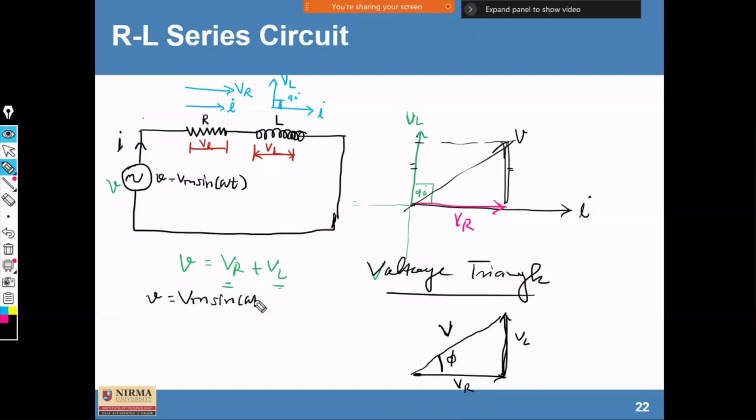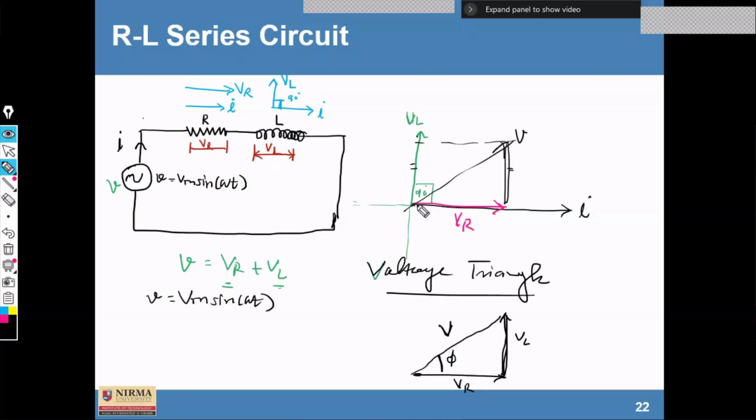But what is the equation of current? The equation of current is going to change with respect to time, as the properties of these two different passive elements change. For example, if the value of resistance is increasing, or the value of inductor is increasing in the circuit, or either decreasing, then the voltage drop across various elements is also going to change.